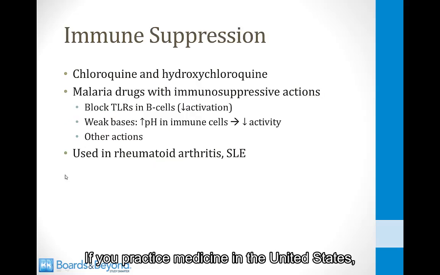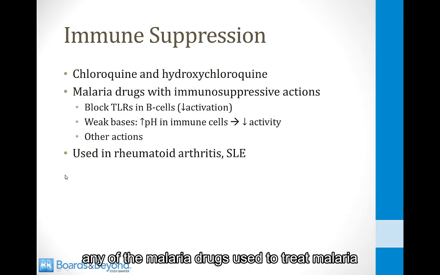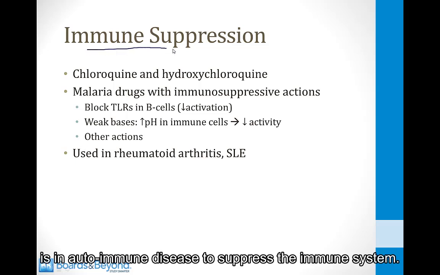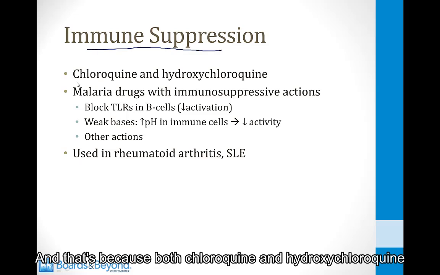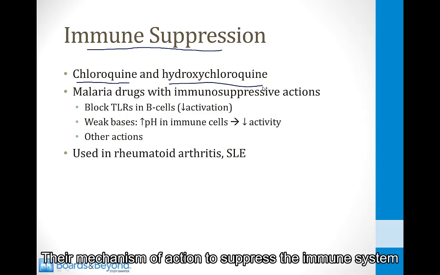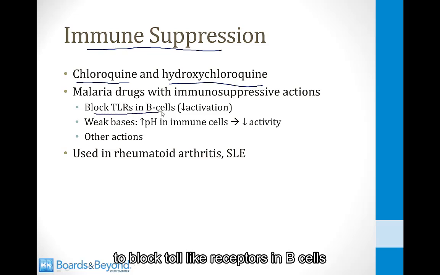If you practice medicine in the United States, it's very unlikely you'll see any of the malaria drugs used to treat malaria, and that's because malaria is very uncommon. Where you will sometimes see them used is in autoimmune disease to suppress the immune system, and that's because both chloroquine and hydroxychloroquine have immunosuppressive actions. Their mechanism of action to suppress the immune system is not clearly understood, but they have been shown to block toll-like receptors in B cells, which leads to decreased activation.